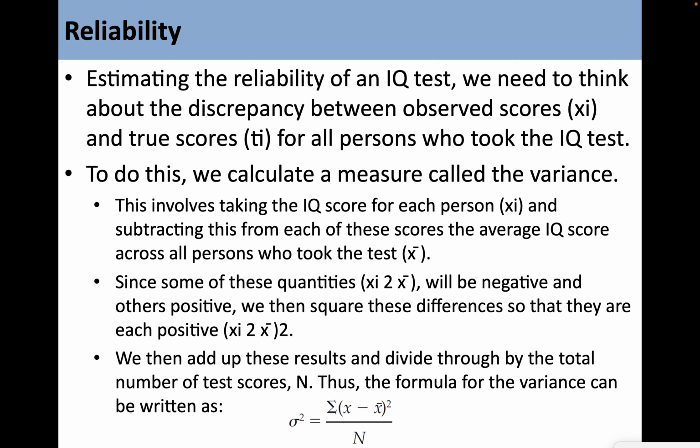Estimating the reliability of an IQ test, we need to think about the discrepancy between observed scores and the true scores for all persons who took the IQ test. To do this, we calculate a measure called the variance. This involves taking the IQ score for each person and subtracting from each of these scores the average IQ score across all persons who took the test.